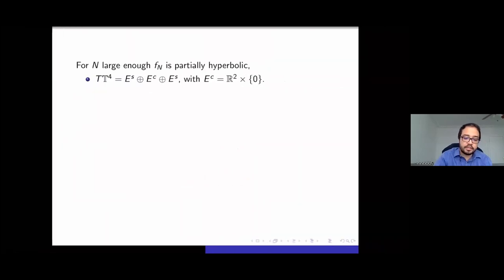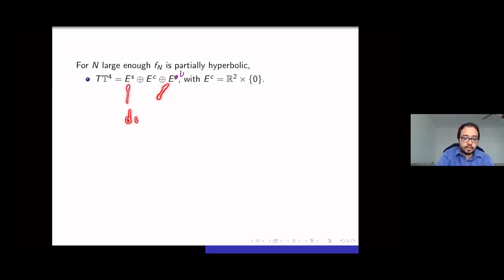Some properties of this system: if n is large enough, you have a partially hyperbolic system. So you have a decomposition of the tangent bundle into three parts: a stable part and an unstable part that come from the Anosov part on the base.